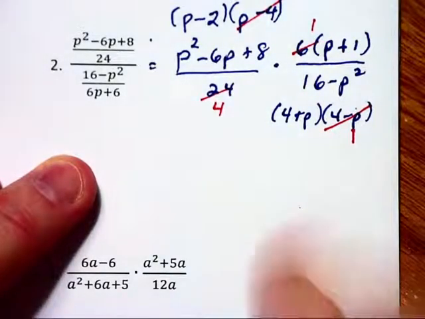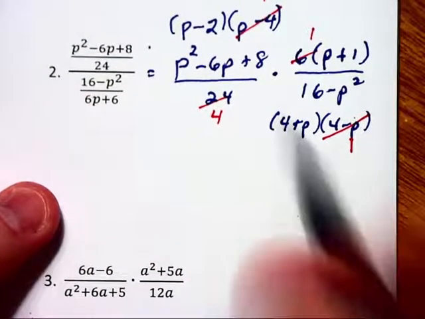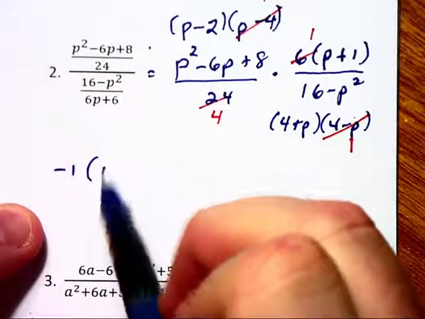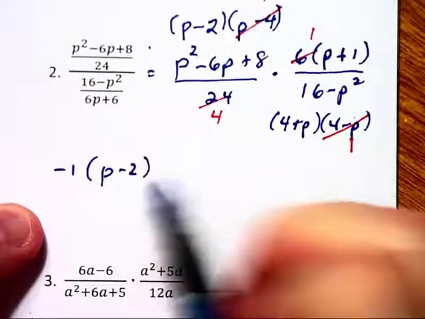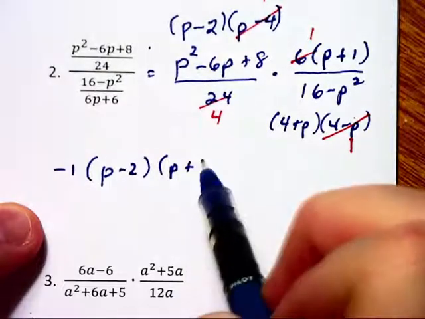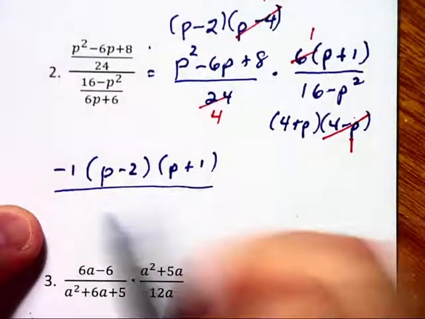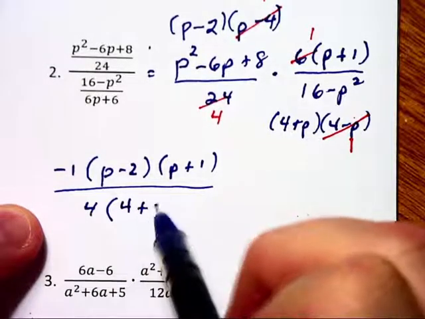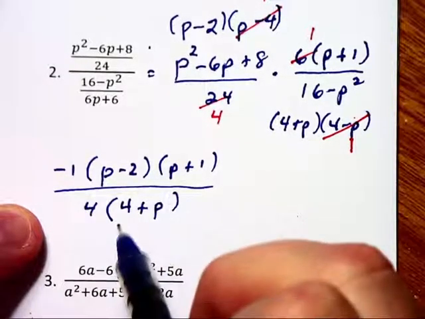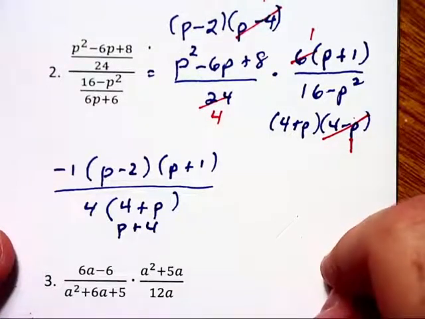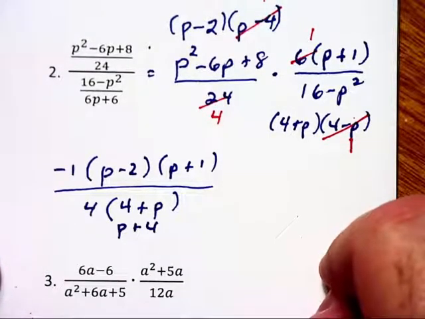Now we need to put together what we have here, and I'm going to have a -1 times this p minus 2 times p plus 1 over 4 times 4 plus p. And if I want to rearrange that and write that as p plus 4, that's perfectly fine. It's the commutative property of addition that says I can do so.